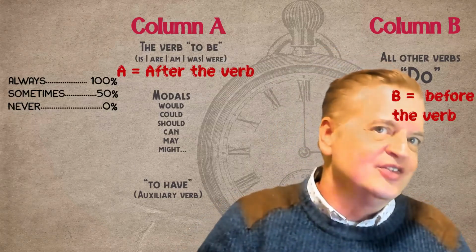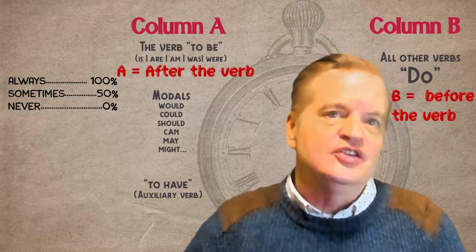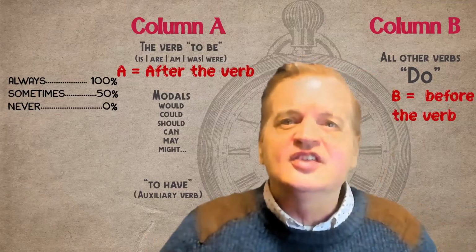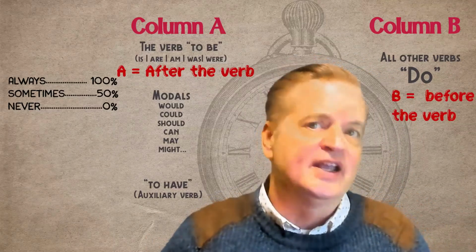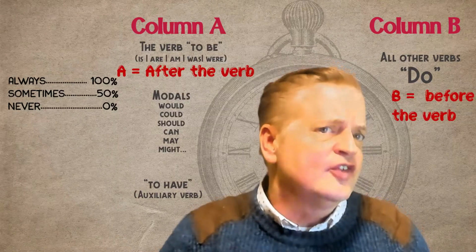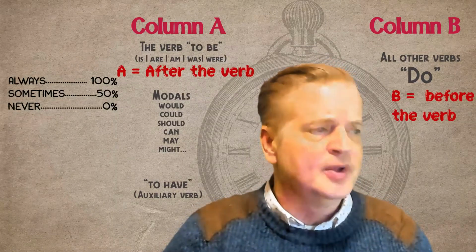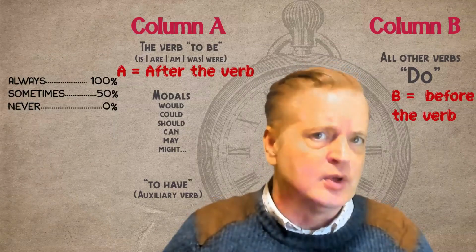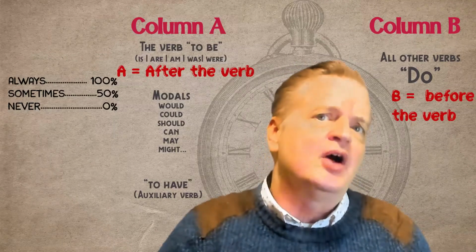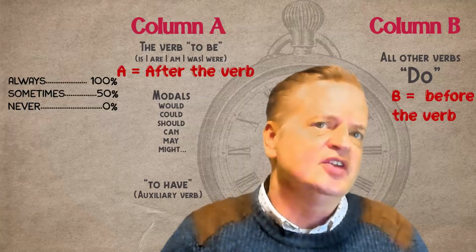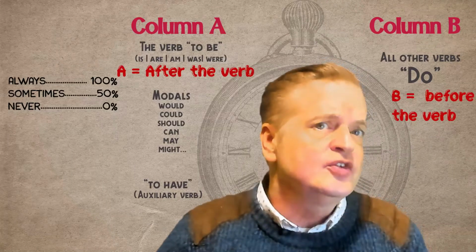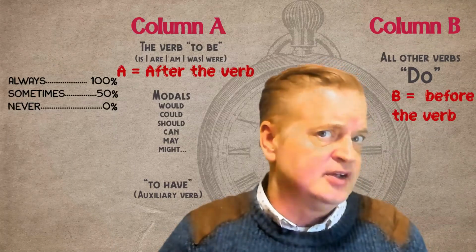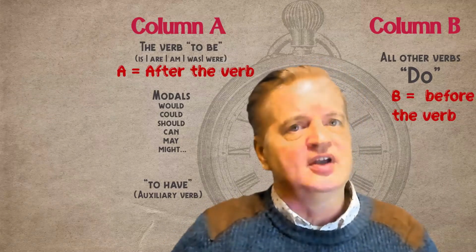A is for after, B is for before. And just like making questions and negatives, only the first word in the verb is important. Sometimes verbs can be many words, but when thinking about where to place a frequency word, only the first word of the verb matters. Here are some examples.